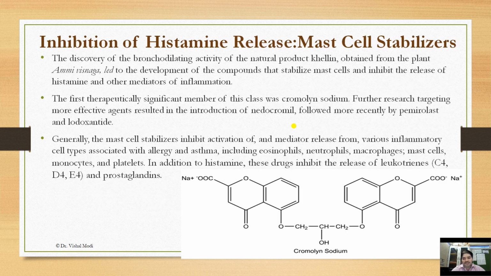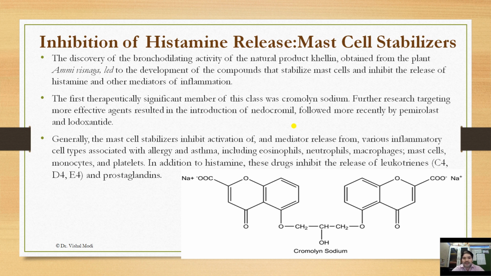Now, another category of drugs developed is inhibition of histamine release: mast cell stabilizers. The discovery of the bronchodilating activity of the natural product khellin, obtained from the plant Ammi visnaga, led to the development of compounds that stabilize mast cells and inhibit the release of histamine and other mediators of inflammation.